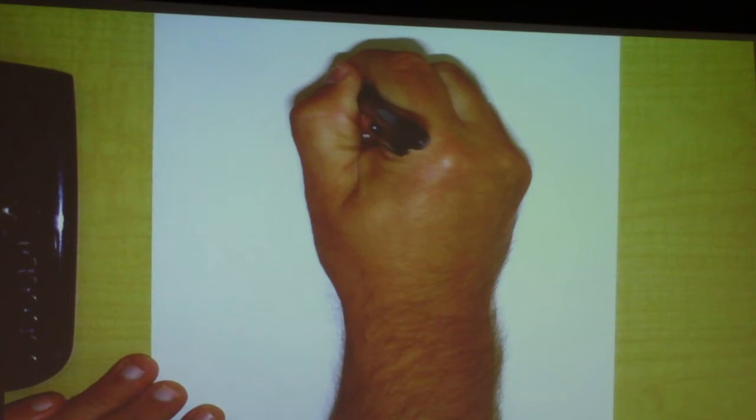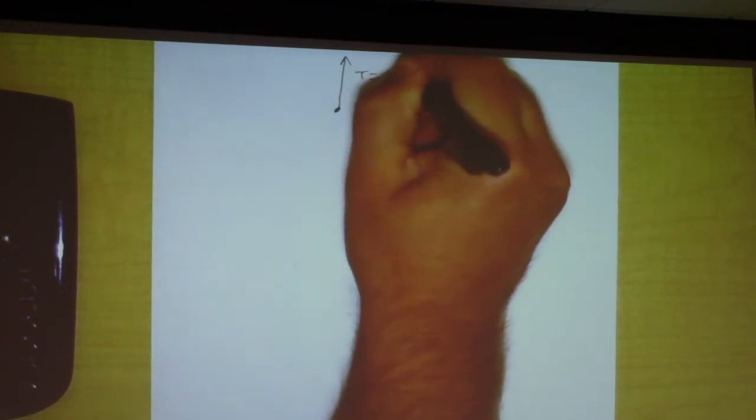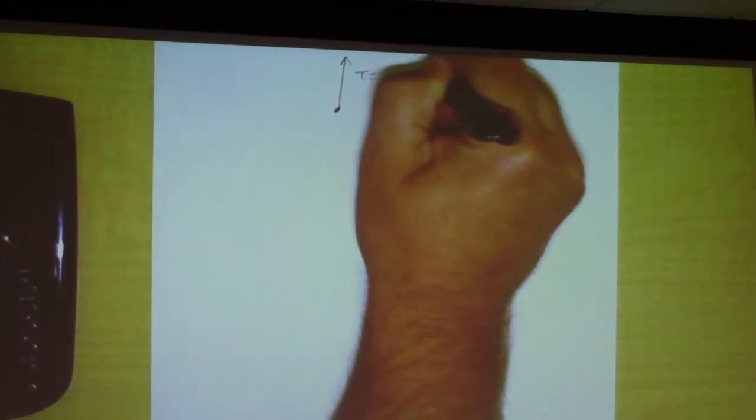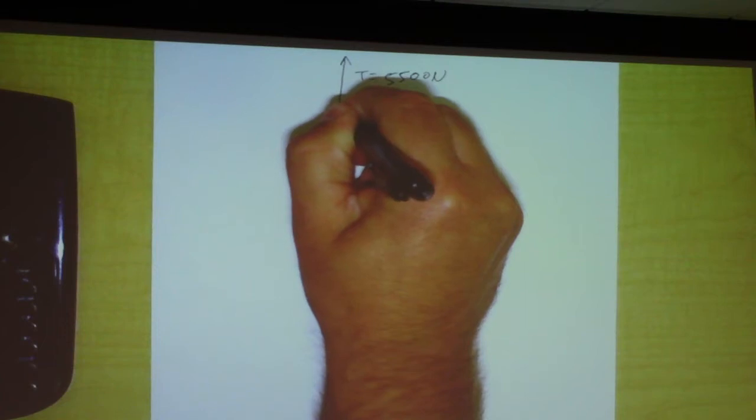Let me put this on the screen. So when it's just stationary, we have tension of 5,500 newtons. So that's got to balance the weight.